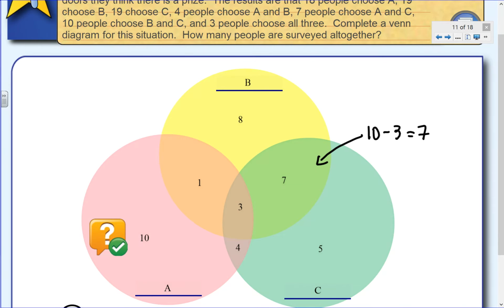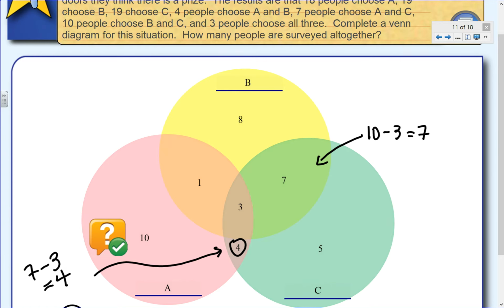Moving forward, take note that we do have 7 people choosing A and C. So that occurs over here, right here. And in that particular space, we would end up with taking the 7 individuals minus the 3 already represented, leaving 4.